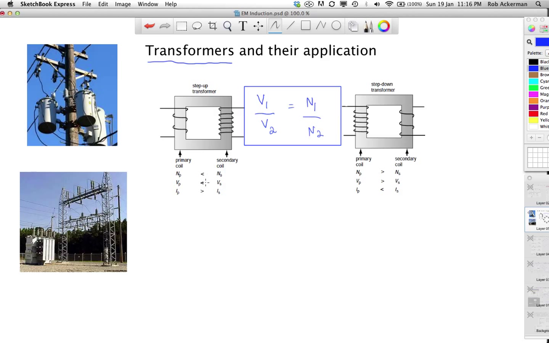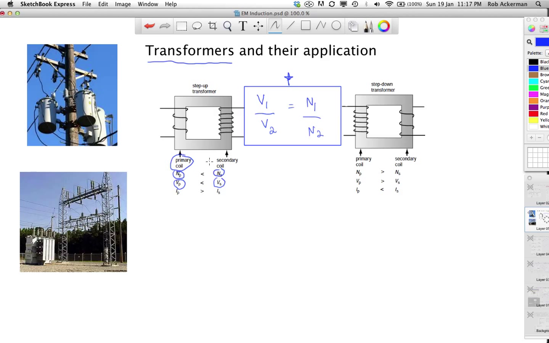Here's what happens. We take our familiar iron ring, we wrap the wires around one end, and this is called the primary coil. It's got NP as the number of turns in the primary coil, and the voltage is VP. Now, as we've seen from this formula right here, if there are more turns in the secondary coil, the voltage will be higher.